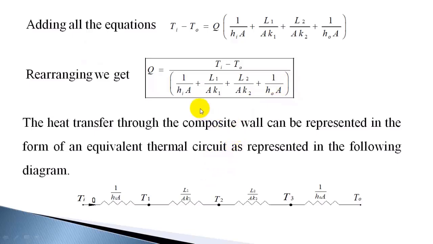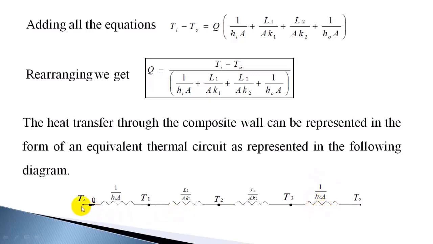Now you can represent this in the form of a thermal circuit. So Ti and T0 are the fluid temperatures. In between, whatever resistances are involved, you can write: the convection resistance for the inner surface to the fluid, the conduction resistance for the first layer, the conduction resistance for the second layer, and the convection resistance on the outer surface to the fluid.